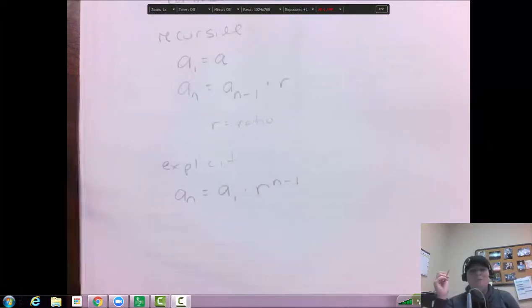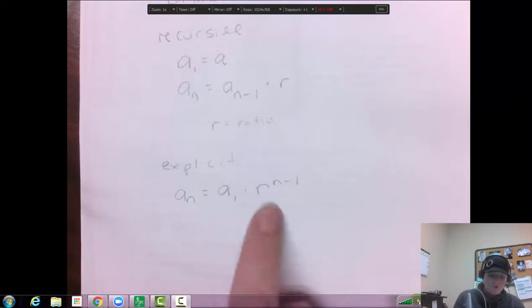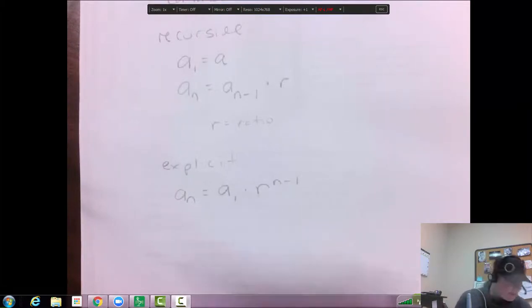I'm saying, as you move up on your terms, you're going to have that ratio being squared, to the third, to the fourth, to the fifth. So that ratio will be multiplied multiple times as you go through. And that's our explicit formula for them.